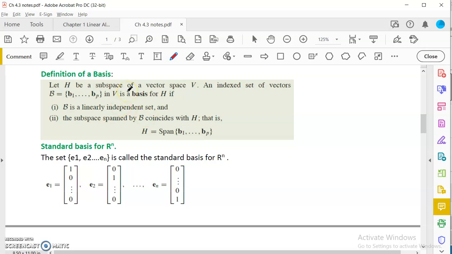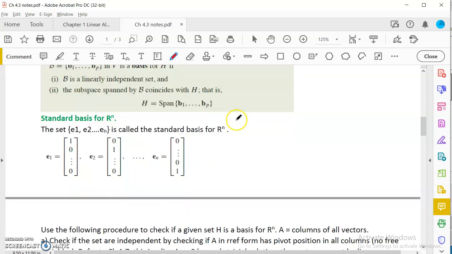So let's introduce the definition of a basis. A basis is a set B1, B2, ..., Bp in the vector space V, and it is a basis for H, a subspace H, if they are linearly independent, and also the span of B1, B2, ..., Bp is exactly H. Meaning this is the minimum set that would span a subspace in a vector space.